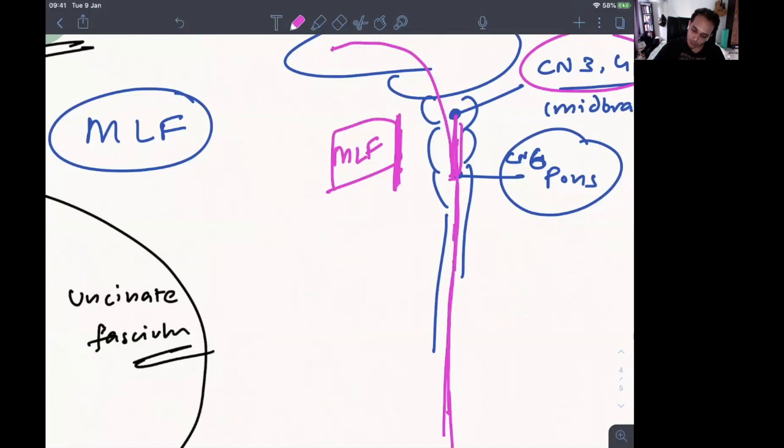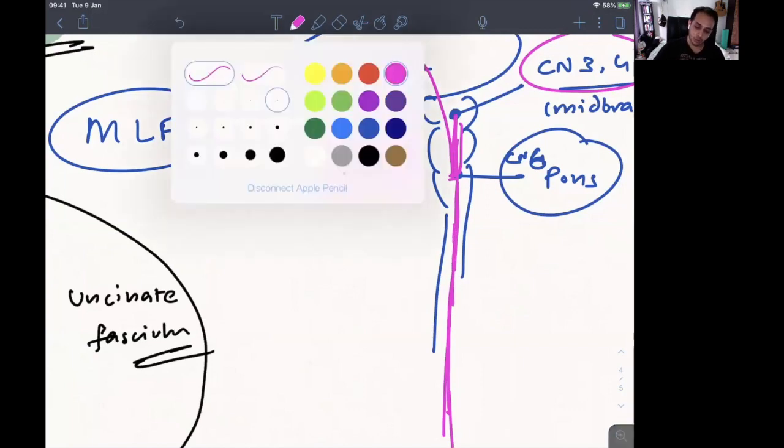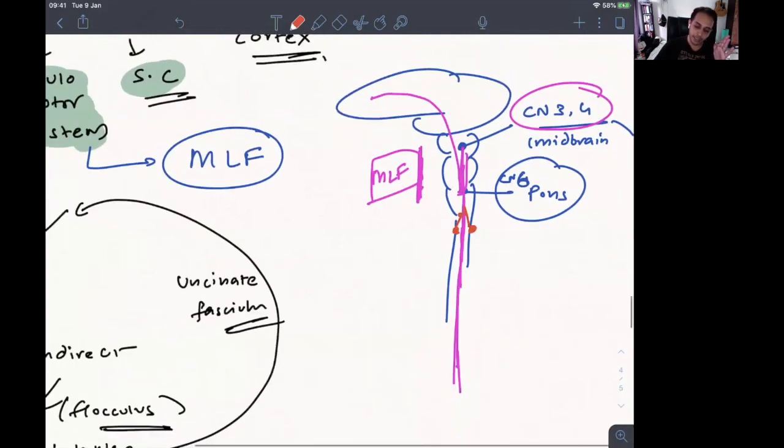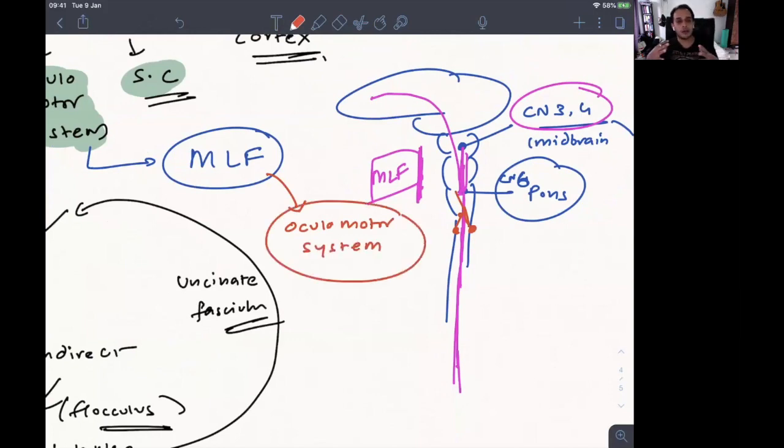And as it goes down through the medulla, what else is there in the medulla? You have your vestibular nuclei. And here the vestibular nuclei will talk to the medial longitudinal fasciculus, and via the medial longitudinal fasciculus, it will give information into the oculomotor system. Now, this connection is very complex.